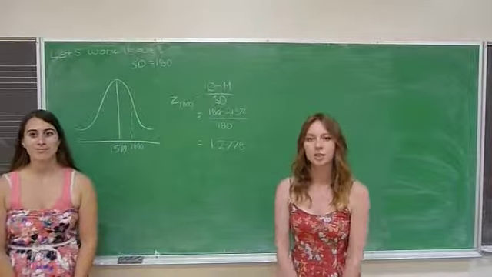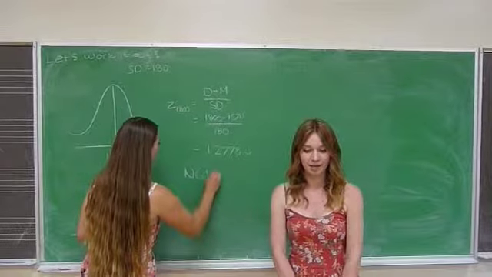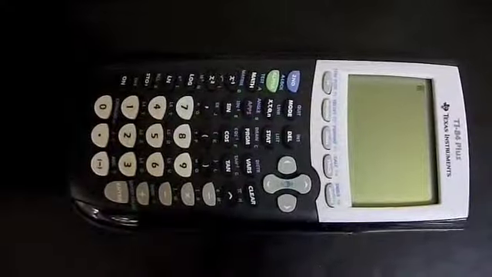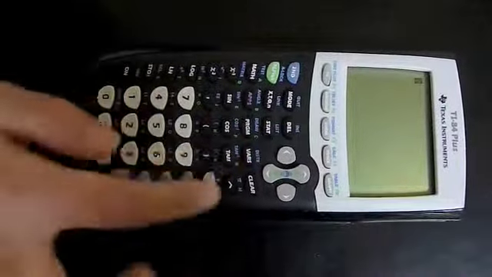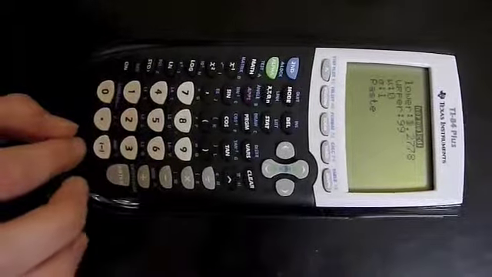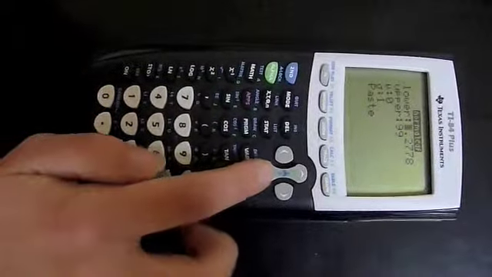Okay, now we'll use normal CDF to find the probability that an envelope that we take is over 1800. So to get the normal CDF, we go to second distribution down to normalcdf, and the lower is 1.2778, which is the Z-score for 1800.